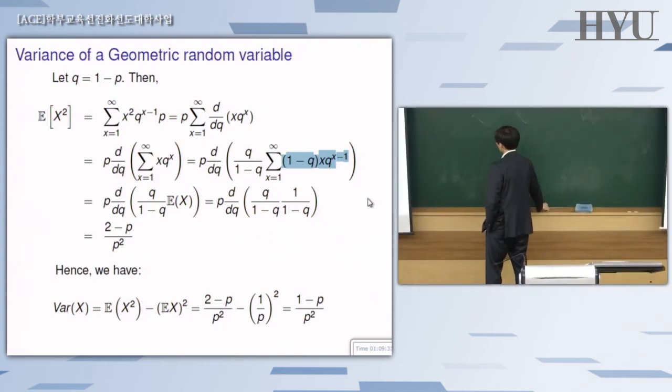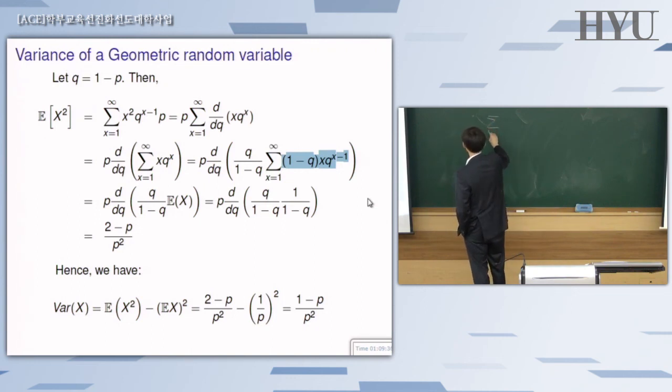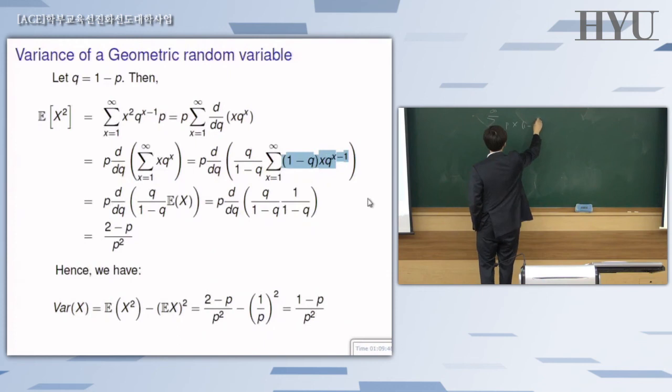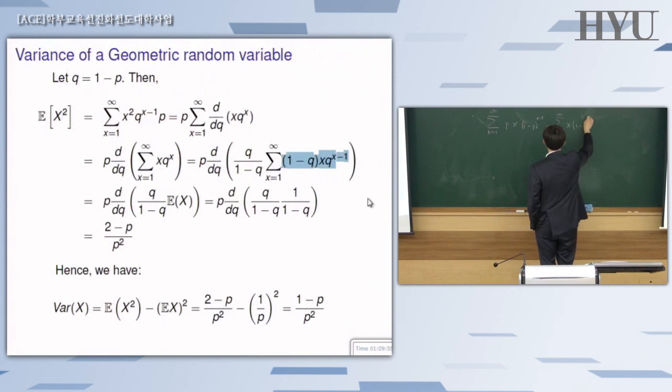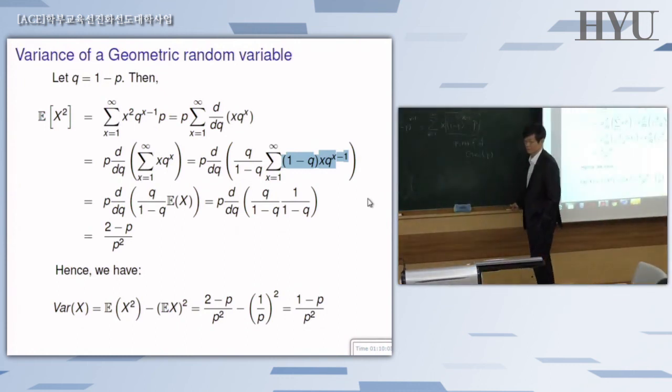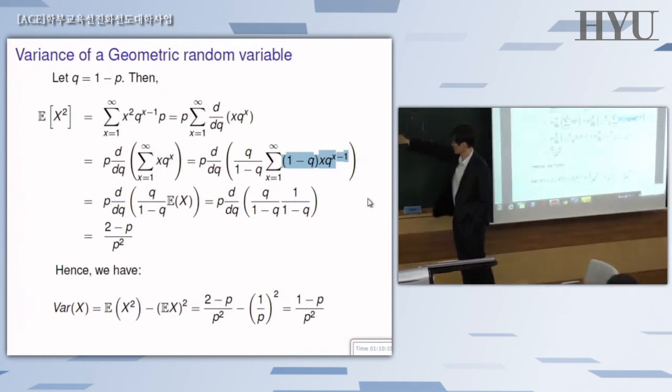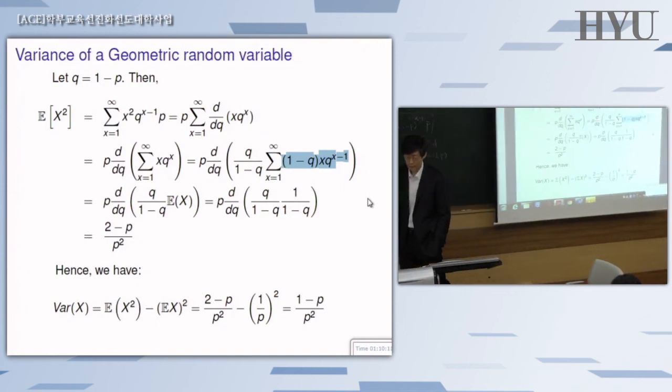Since 1 minus q is p, just simply switch the order. First x, and then 1 minus p to the x minus 1, and then p. This is the PMF of geometric p. And then you multiply by x, so that's the expectation of x.